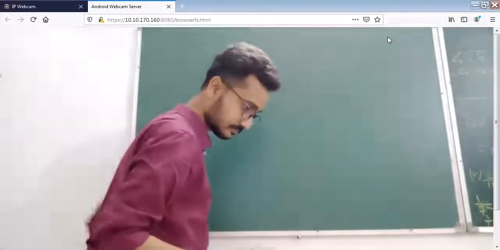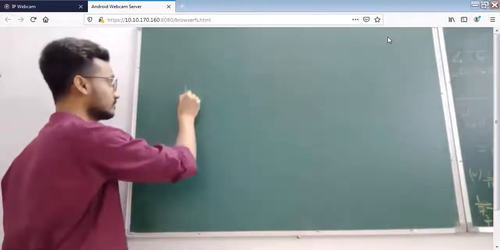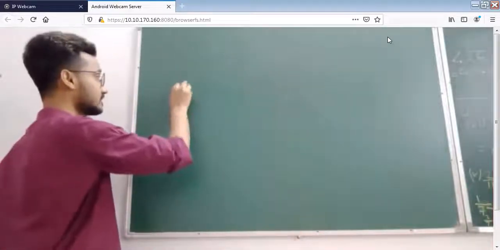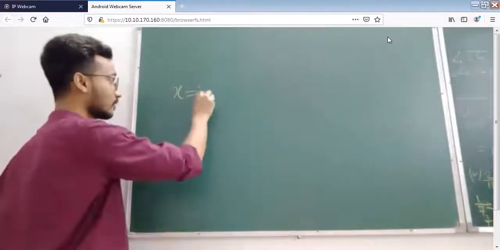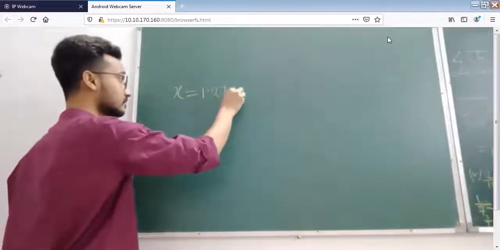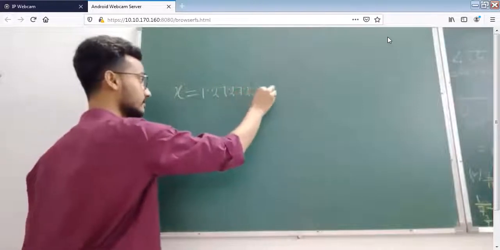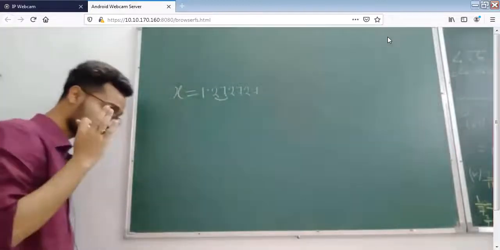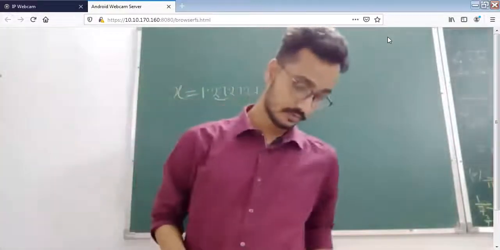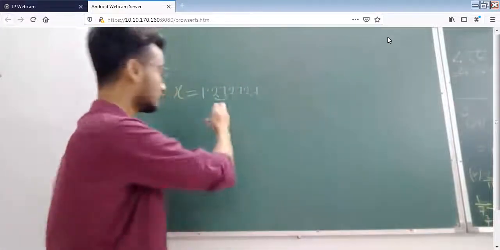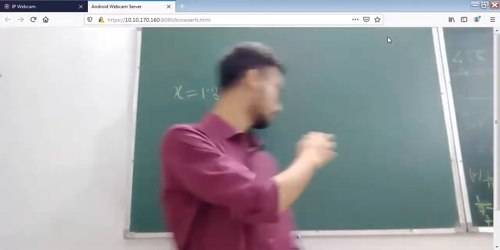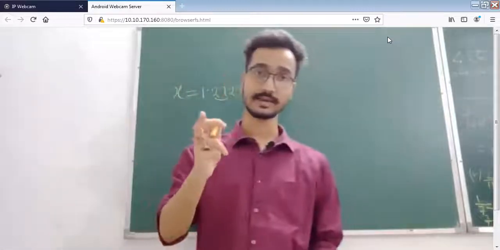Suppose let x equal to 1.272727. Now see here, in this type of question, just remember one thing: when 2 digits are repeating, you have to multiply by 100.